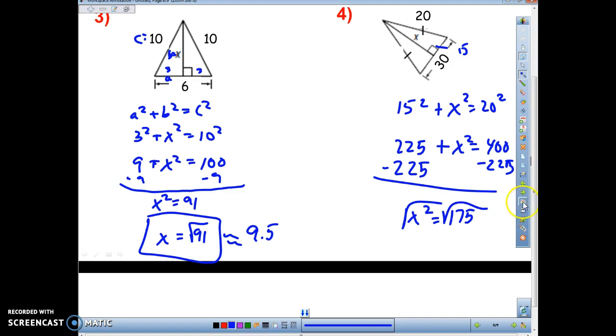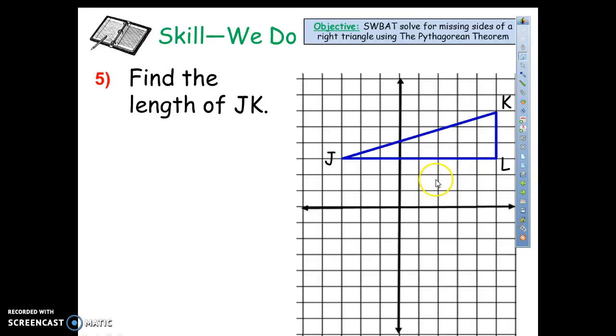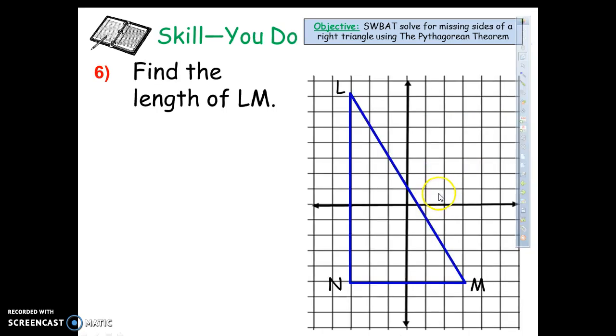Take the square root of both sides, and this gives me, one moment, let me plug this in, 13.2. So X is approximately 13.2. Okay, we'll do those later.